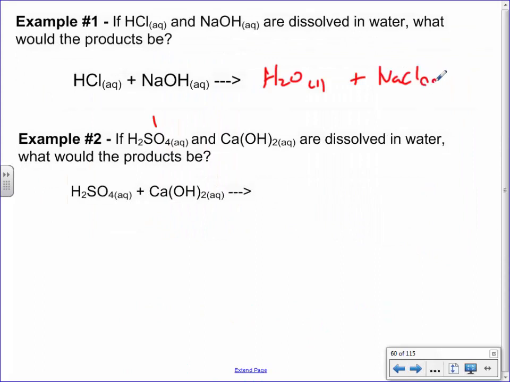All right, anyways, this guy here is aqueous. Whereas on this one here, H2SO4 and CaOH, you're going to have calcium sulfate and water. I believe you need a 2 here to make it work. What about calcium and sulfate, though?